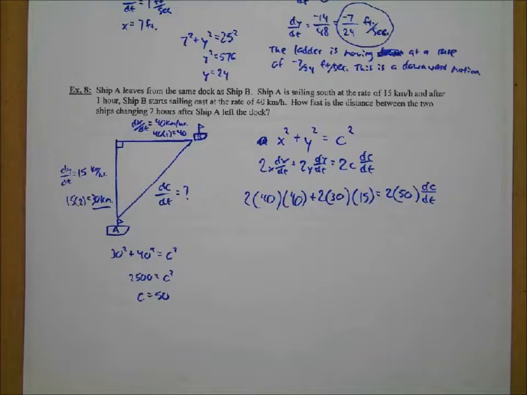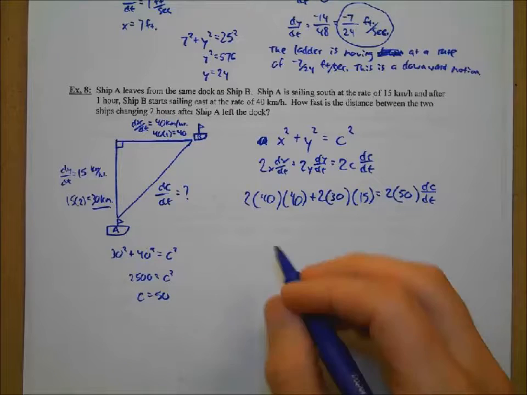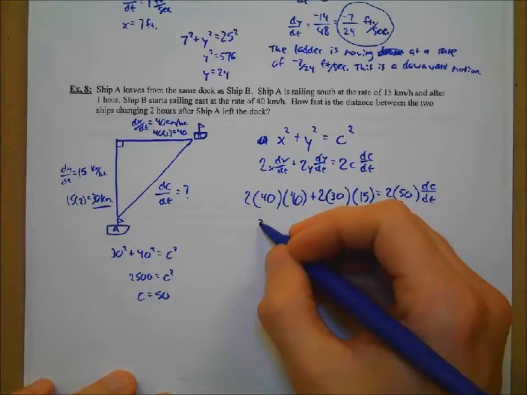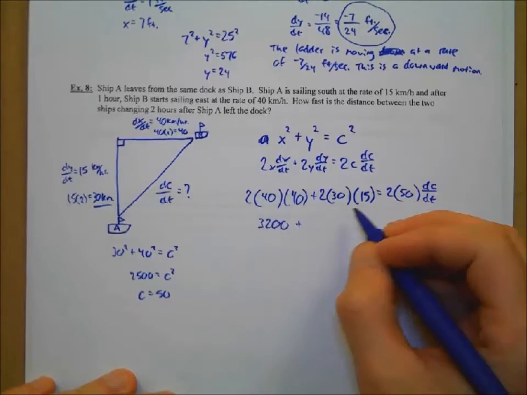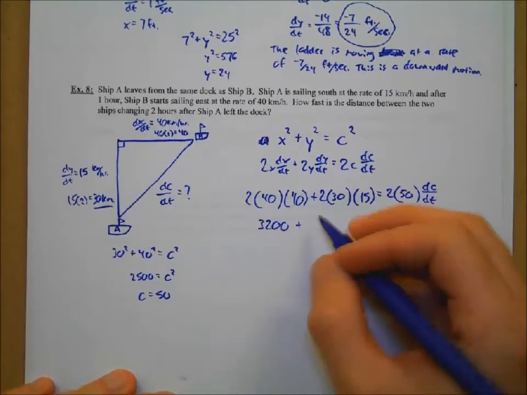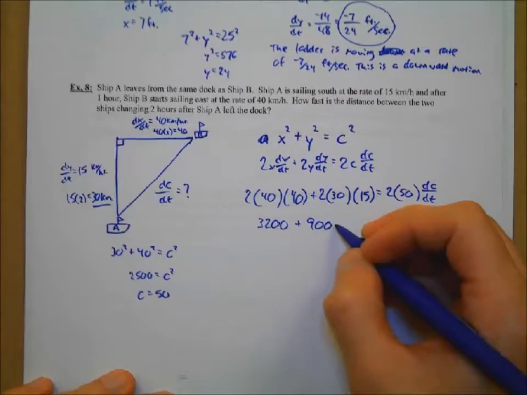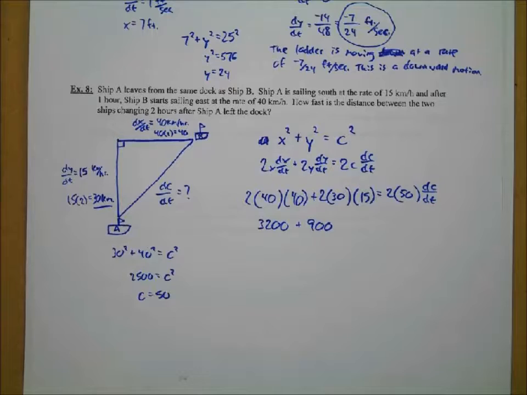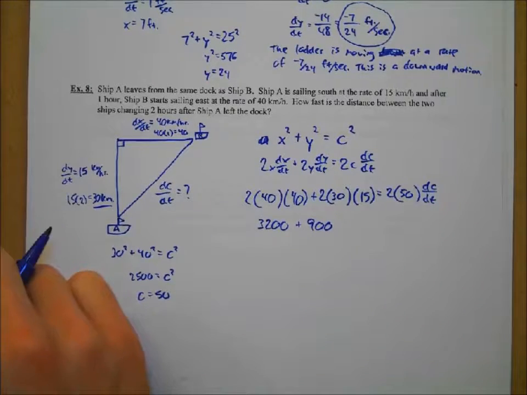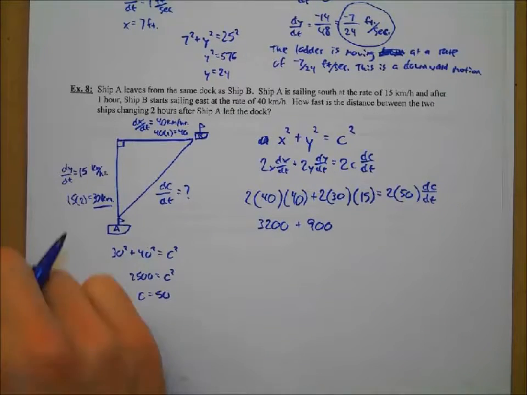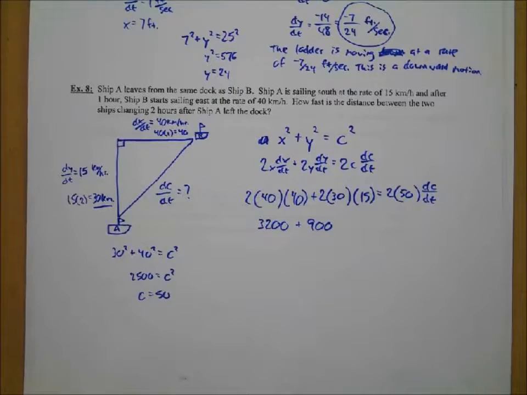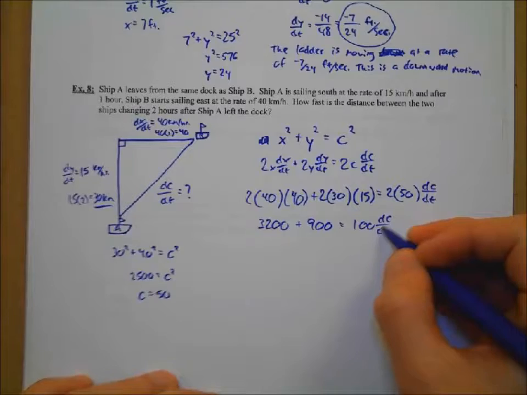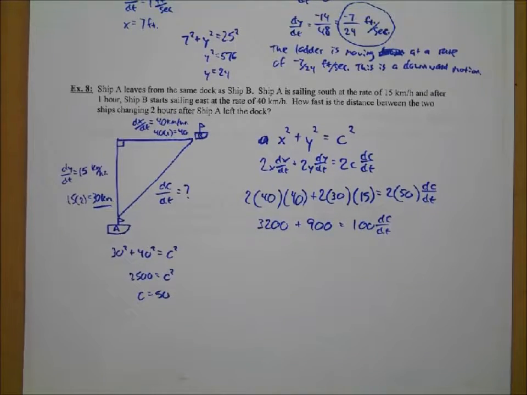All right, so then we solve here. 1600 times 2 will be 3200. And then 30 times 30 will be 900. Sorry, 900. Can't do math, right? 40 times 2, yeah, 3,200. 2 times 30 times 15, there you go. 900 equals 100 dc/dt.